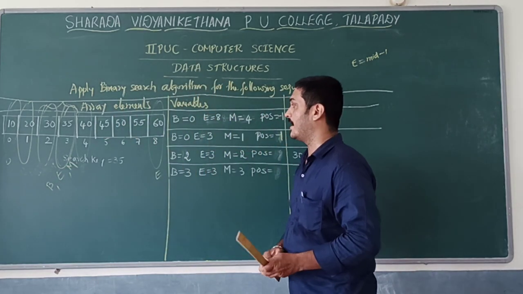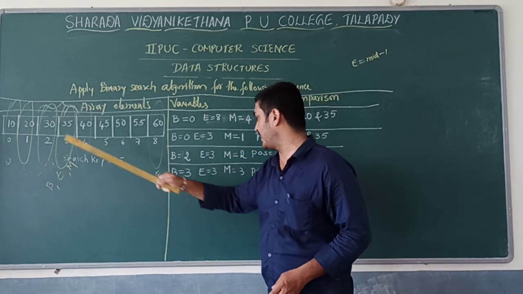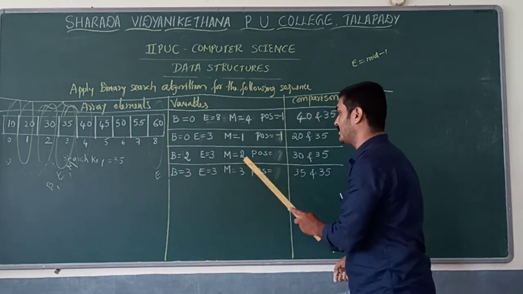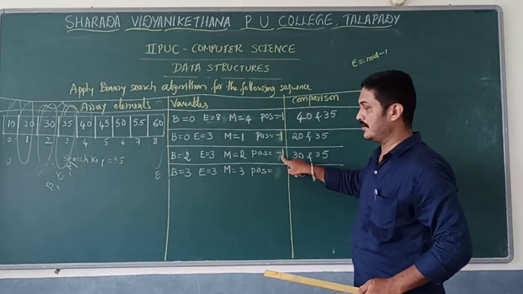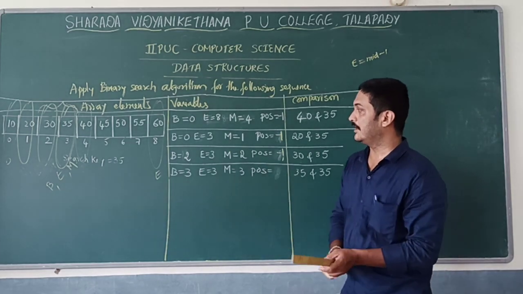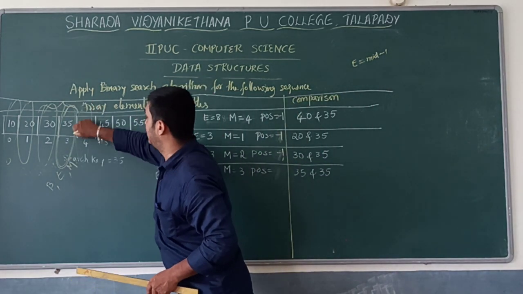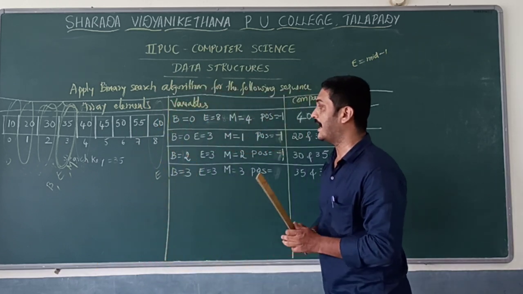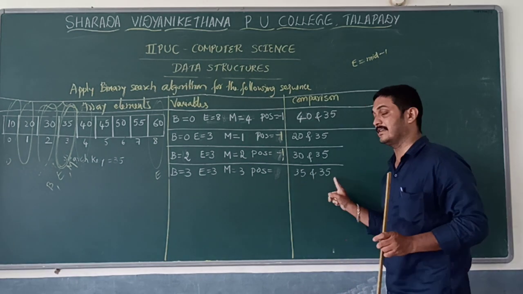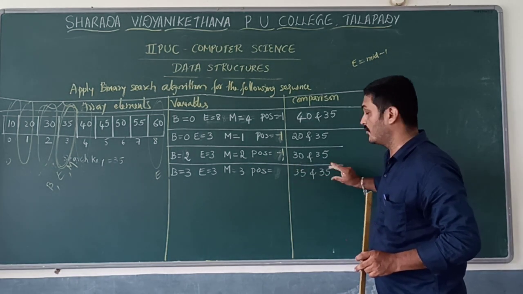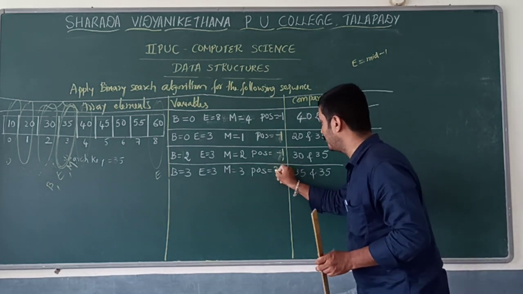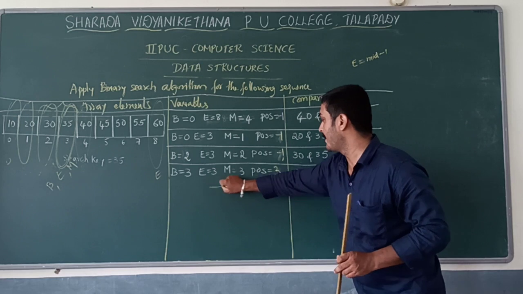All three variables point to the same location, 3: beginning equals 3, end equals 3 and mid equals 3. Comparing the center element, 35 and 35, the search key is equal to the center element. So position is equal to 3.